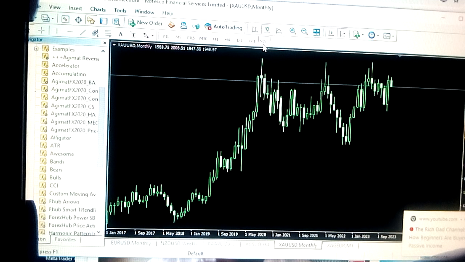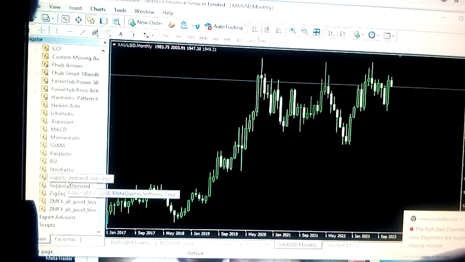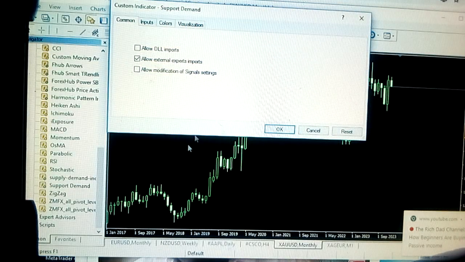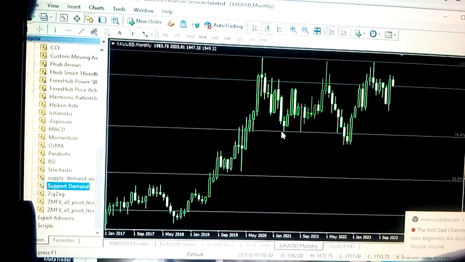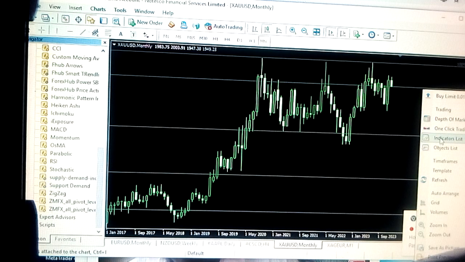So in monthly, first of all, what we need to do, we're gonna go down and look inside the indicators for something called support and resistance or supply and demand, where they are. Okay, one of those. Let's pick that one. That one I didn't like so much, so let's pick this one. Let me remove that one first.